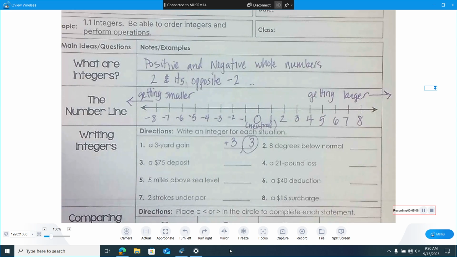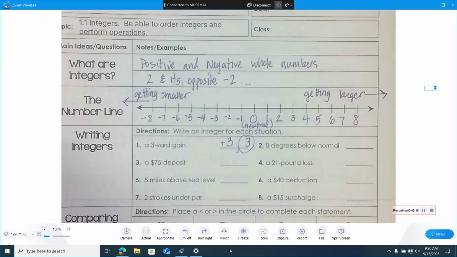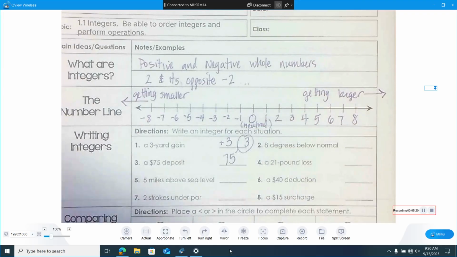And that's your call. So $75 deposit, what do you think? Deposit means to put something in, to add it in, so it is going to be a positive $75. 5 miles above sea level. Positive, yeah. Typically, sea level is 0.